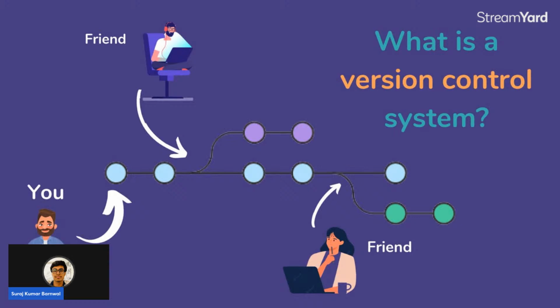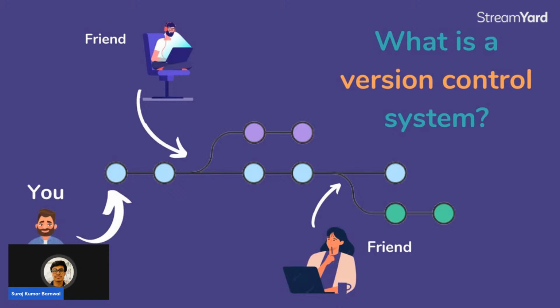So that is what Git offers us. It offers us branching capabilities. First of all, your friend would be able to work on his own branch independently without any disturbance, right? Without anyone interfering in his own branch or in his own work.